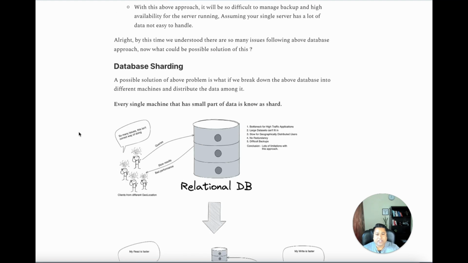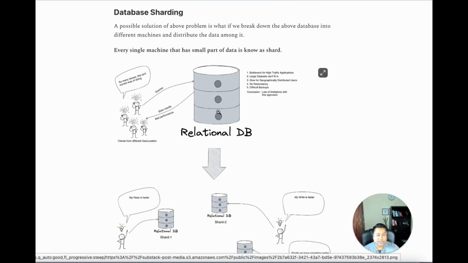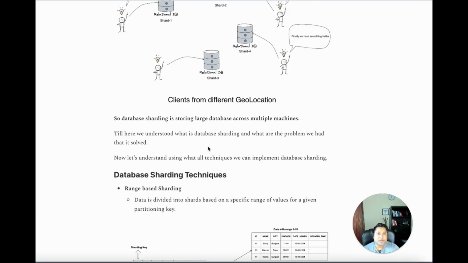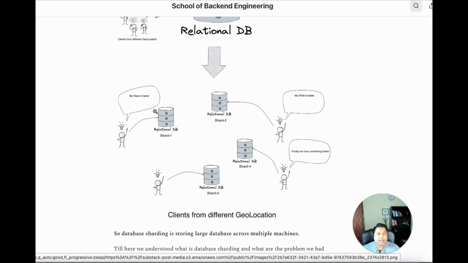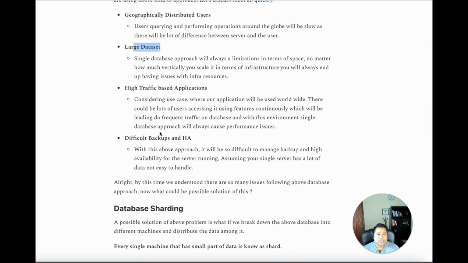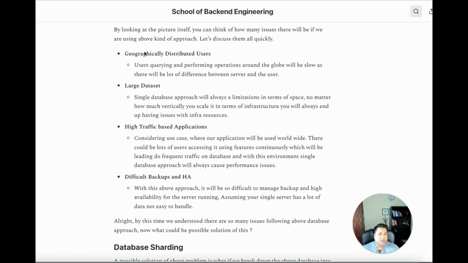As I already explained, the basic possible solution of sharding is where you divide the big database and distribute it into several machines, and each client can access the data from their respective machines. So all of these issues can go away. Your geographical users can get faster queries.